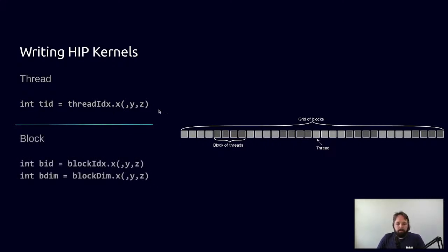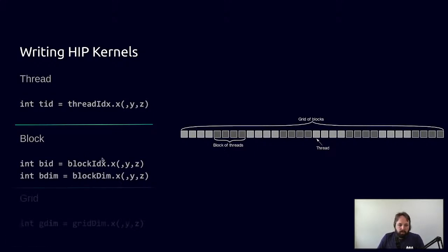If we want the block ID, it's going to be blockIdx.x, again .y or .z if you're doing multi-dimensional indexing. And if you want to know the number of threads per block, that's stored in blockDim. So you can do some very basic things to calculate a global thread ID if you wanted to, but essentially the idea we're after is using the threads to access specific spots in memory that we want each thread to be working on.